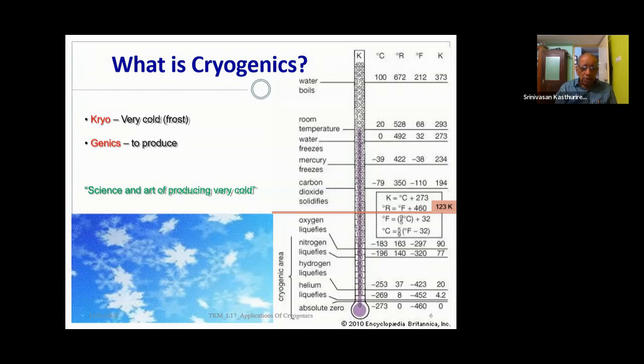We know that cryogenics consists of two Greek words, meaning the production of cold. This picture nicely shows the schematic of ice crystallites, a lot of which are getting formed. It gives you some idea of how the ice crystals will be formed.